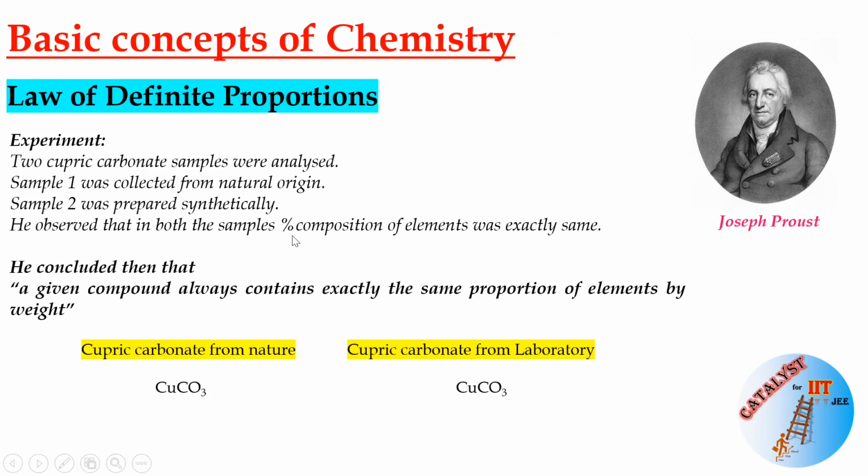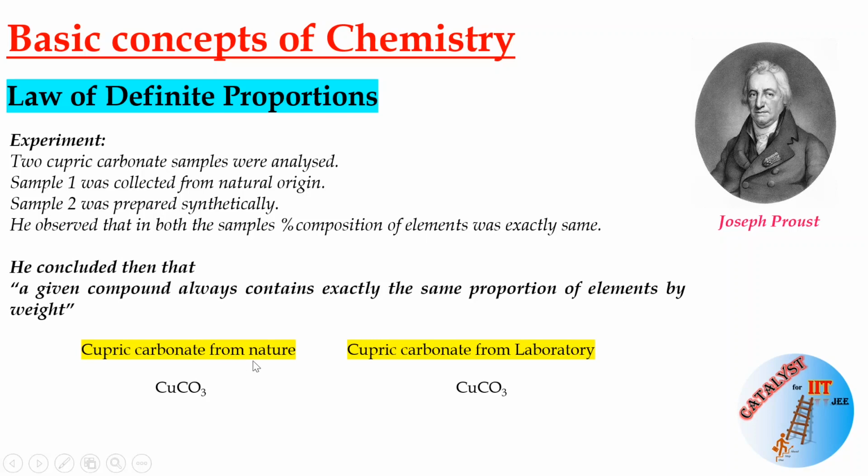Cupric carbonate has the formula CuCO3. The same proportion of elements means the weight percentage of copper in cupric carbonate is exactly the same, and it does not change even if you change the source of the sample.